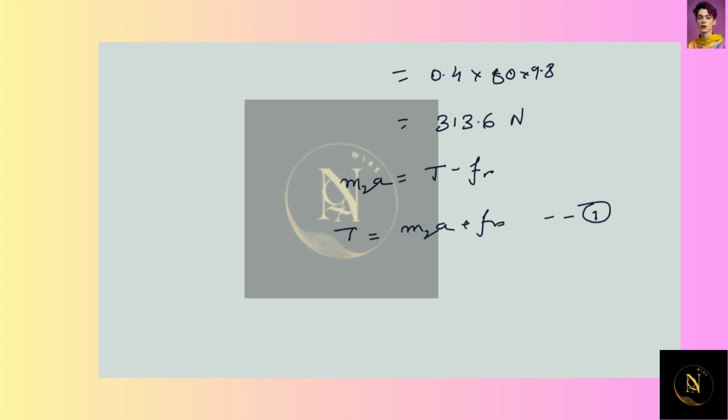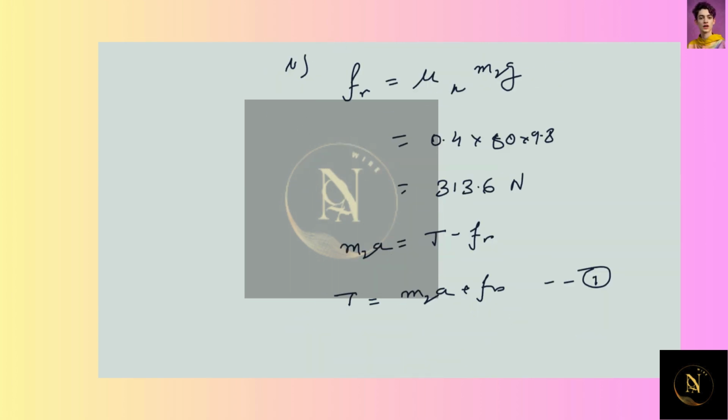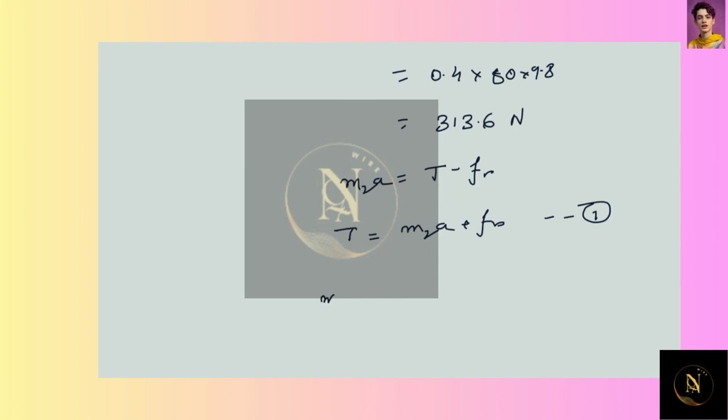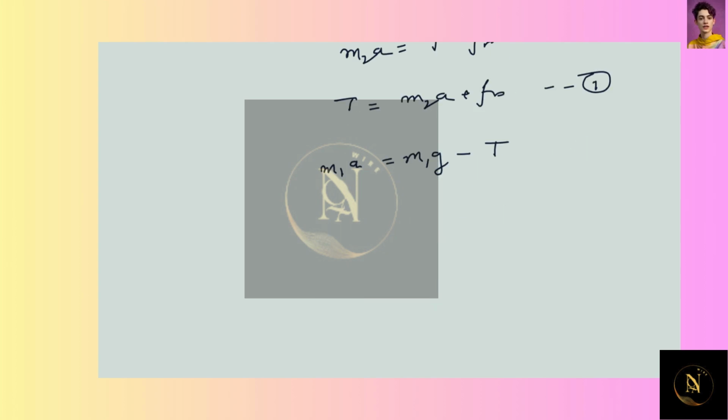This is equation 1, and on the other block you have M1a, that is equal to M1g minus the tension T. And in place of tension you can have M1g minus M2a minus the frictional force Fr. So a times (M1 plus M2) equals M1g minus the frictional force.